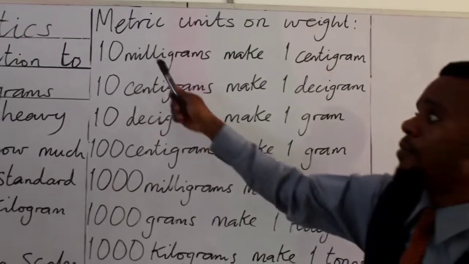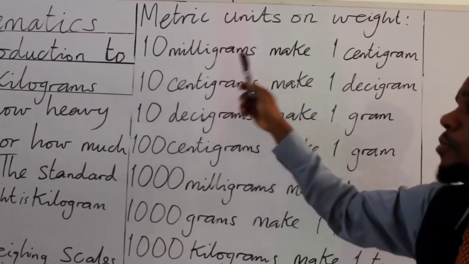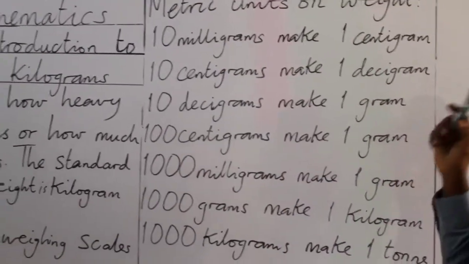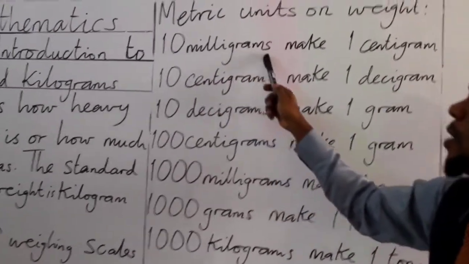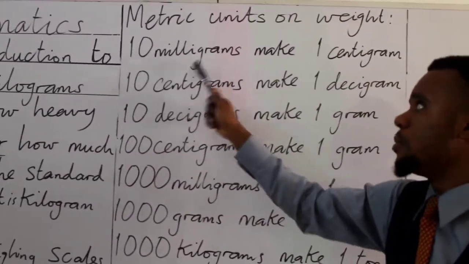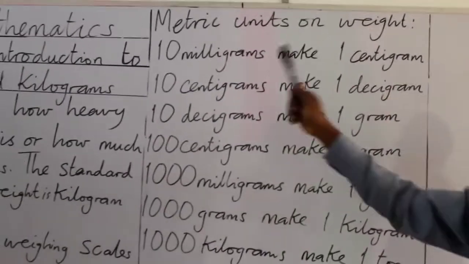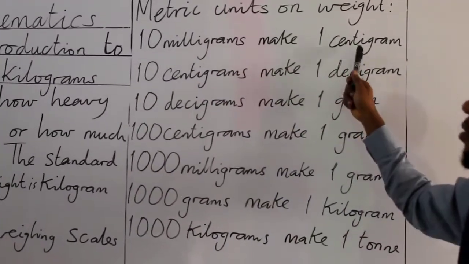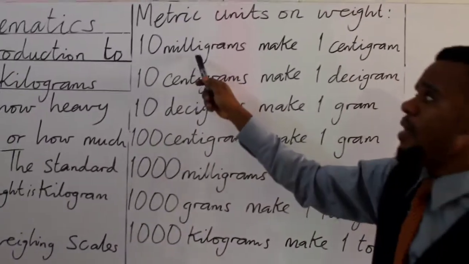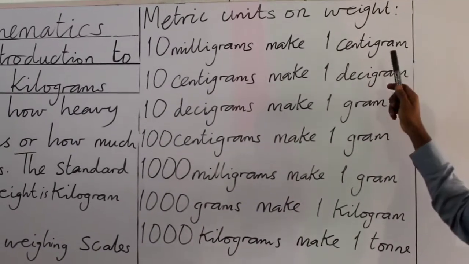The first one: 10 milligrams. Milligram is the smallest unit of weight. We need 10 milligrams to equal 1 centigram. If it's not up to 10, it's not 1 centigram, it's below.